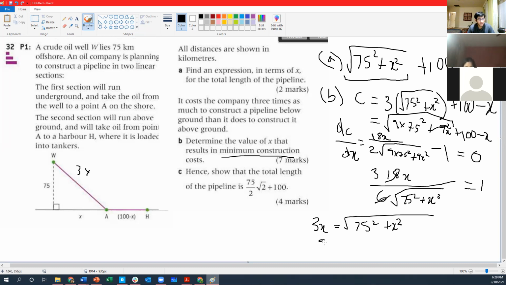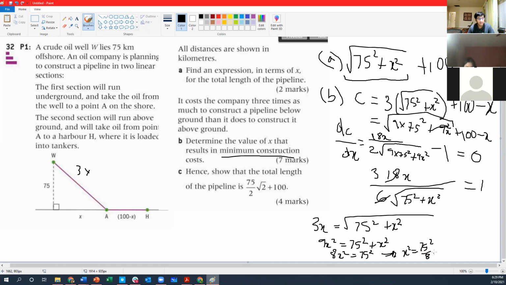Square both sides, we get 9x squared equals 75 squared plus x squared. Subtract x squared from both sides, you get 8x squared equals 75 squared. Then x squared equals 75 squared over 8.